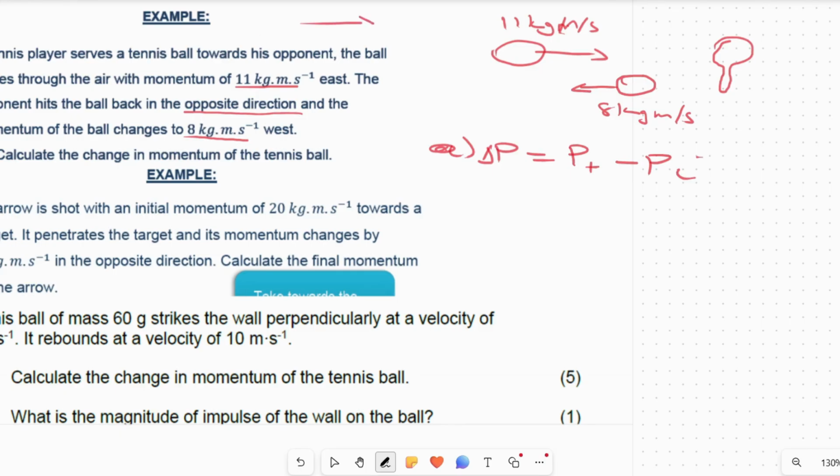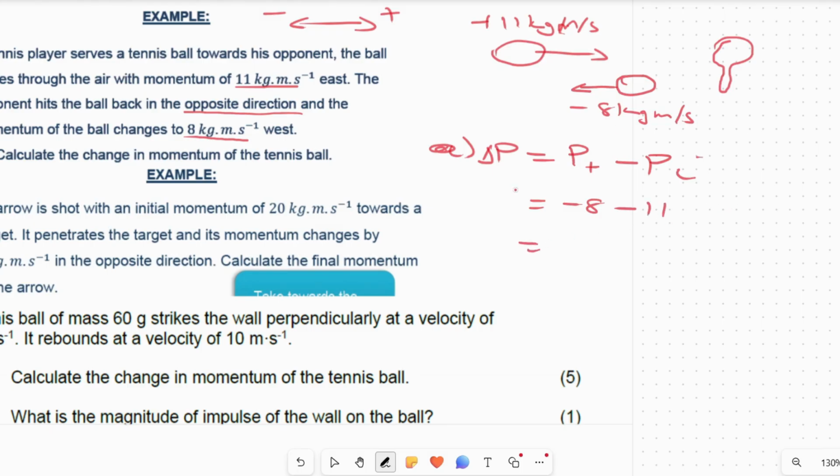Now the most important thing is the sign convention. In this case, I'm going to treat this as negative and this as positive. So it means this is going to be positive, and this is going to be negative. Now let's calculate. The final momentum is negative 8 minus the initial momentum, positive 11.